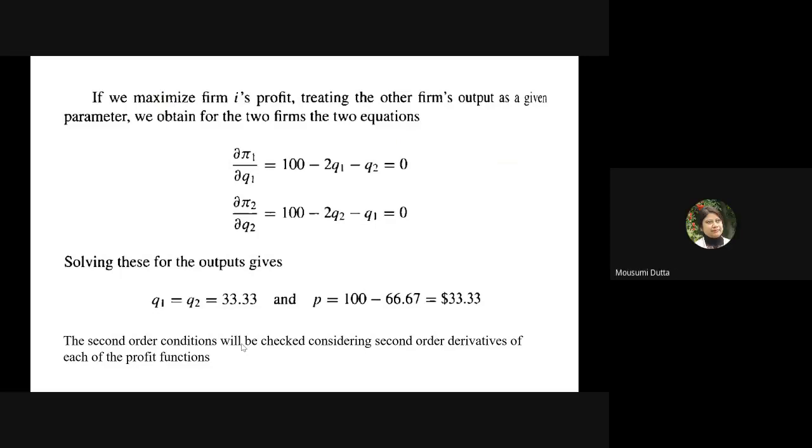Ma'am, is there any intuitive reason why the profit maximization of firm 1 depends on the output of firm 2?